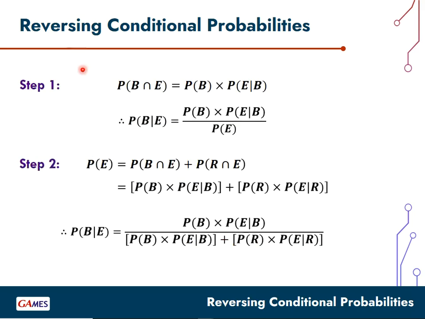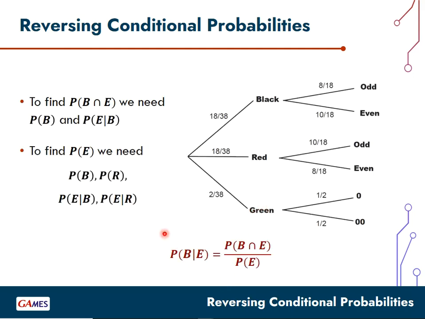So let's proceed. So the steps, we're trying to re-express this whole thing. This is the general formula for conditional probability, but we want to show that this is a reverse conditional probability.